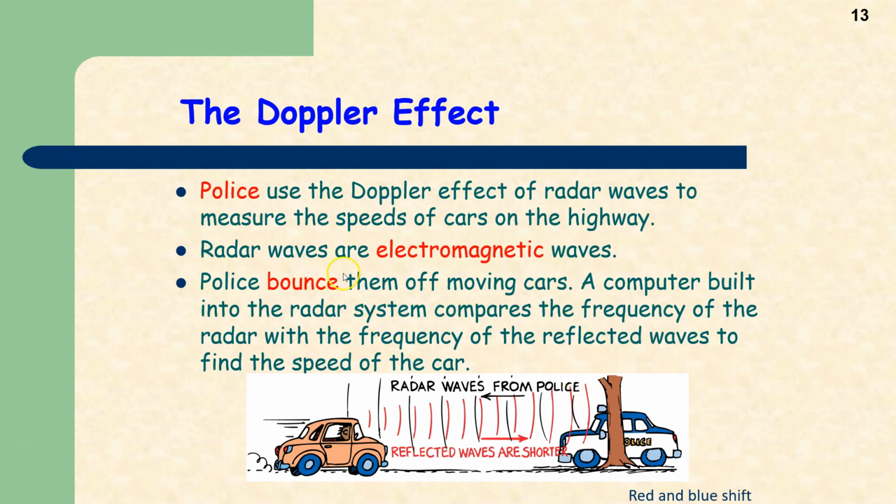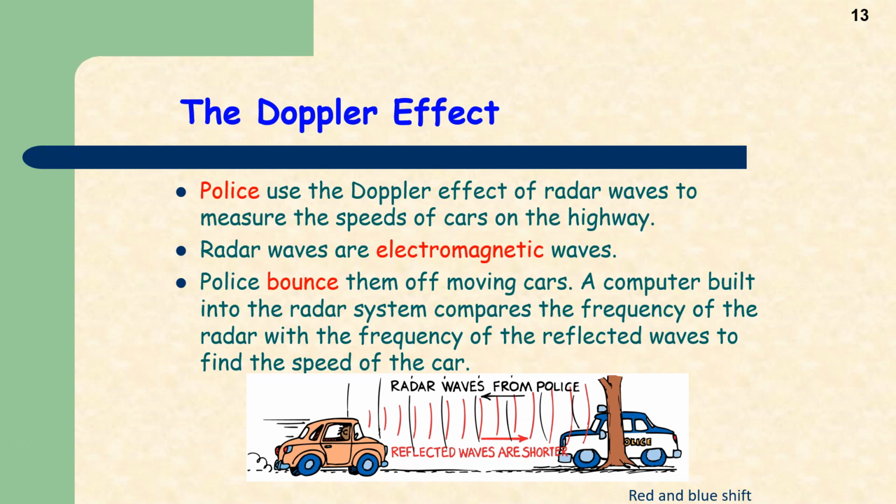Police use the Doppler effect of radar waves to measure the speed of a car on highways. Radar waves are electromagnetic waves, just like those in your cell phone or your microwave. Police bounce them off of moving cars, and a computer built into the radar system compares the frequency of the radar with the frequency of the reflected waves to find the speed of the car.